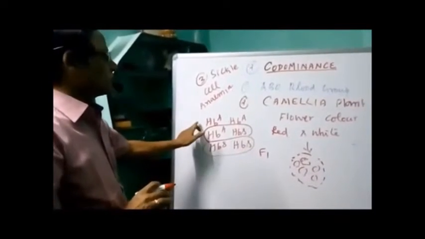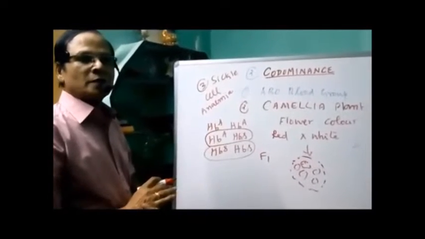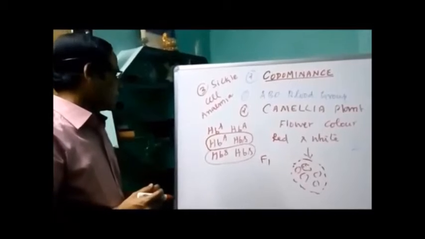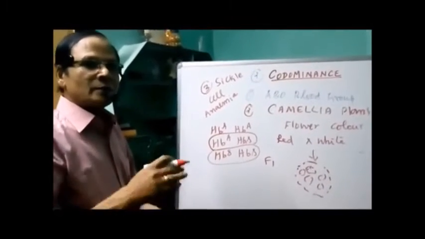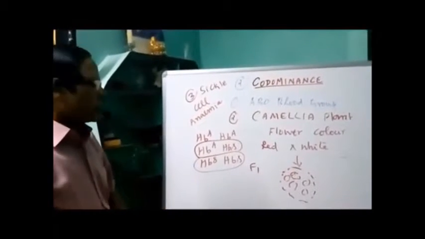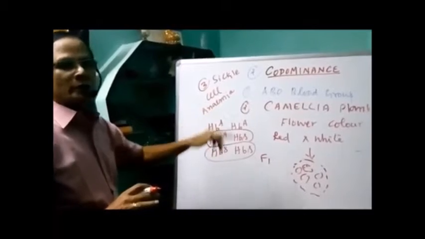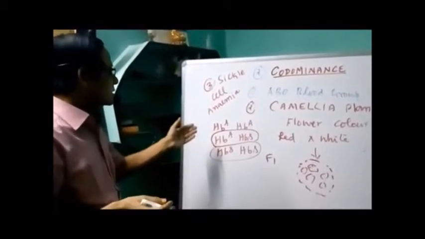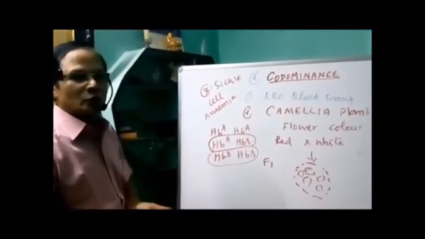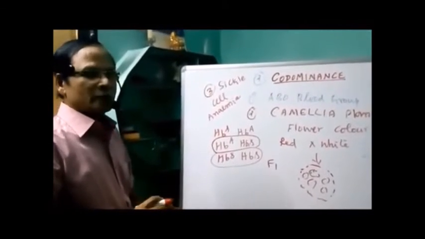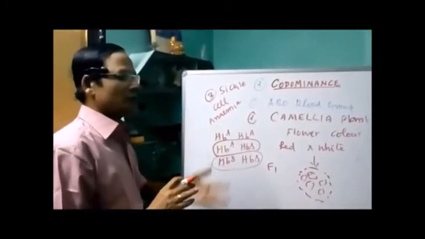For example, normal persons with the HbA genotype are affected by malaria, whereas the heterozygous individuals are affected neither by malaria nor by sickle cell anemia. So this is called over-dominance. The heterozygous individuals are healthier than the homozygous individuals.